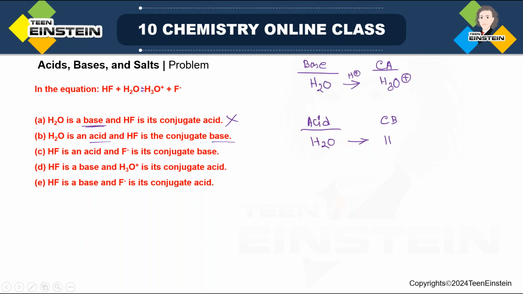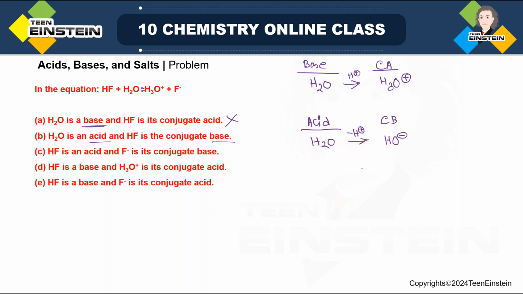This is the correct conjugate acid of H2O, because now H2O is acting as a base, so obviously it will accept H plus, not release it. But in the second case, if you are calling H2O an acid, it should donate H plus. When it is donating H plus, it will be converted to the HO minus species.